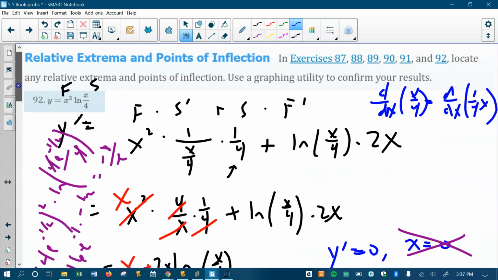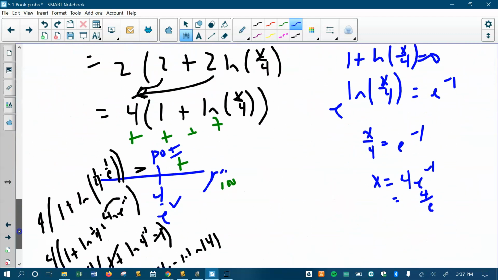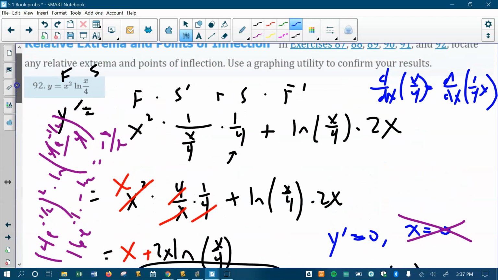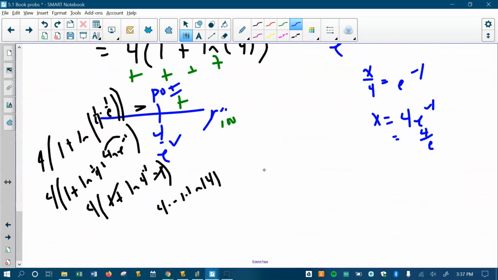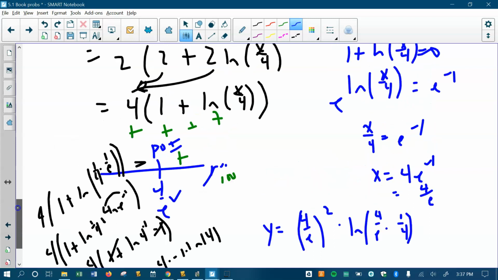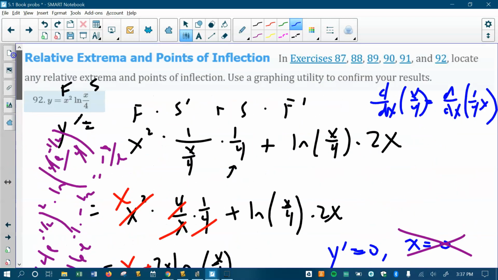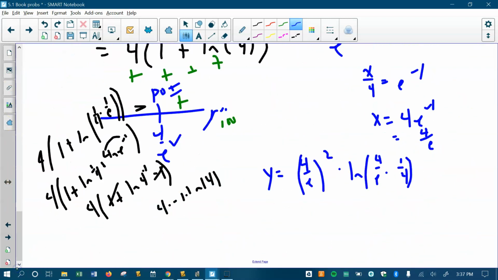So let's plug in that point, which is 4 over e, to get the coordinate. 4 over e squared times ln of 4 over e times 1/4. I think that's it, right? Yeah, that's right.